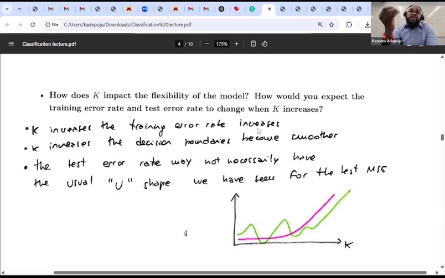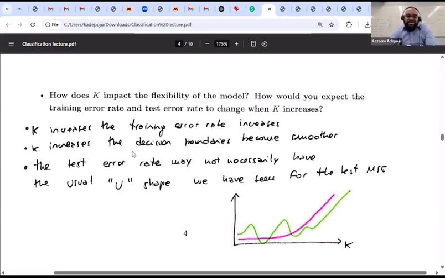But the most important thing is the test error rate. Even if the training error rate is very small and the test error rate is high, we don't want that at all.